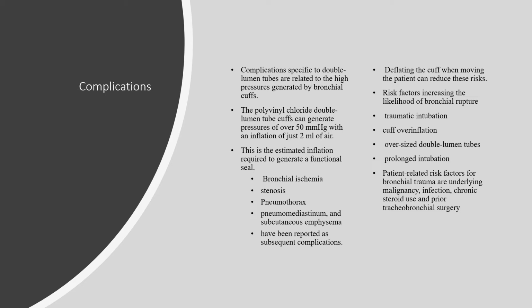Risk factors increasing the likelihood of bronchial rupture are traumatic intubation, cuff overdistension, oversized dual lumen tubes, and prolonged intubation. Patient-related risk factors for bronchial trauma are underlying malignancy, infection, chronic steroid use, and prior tracheobronchial surgery.